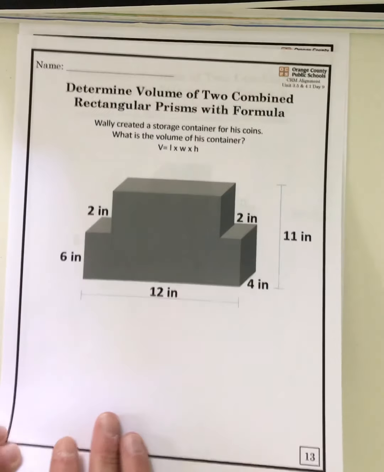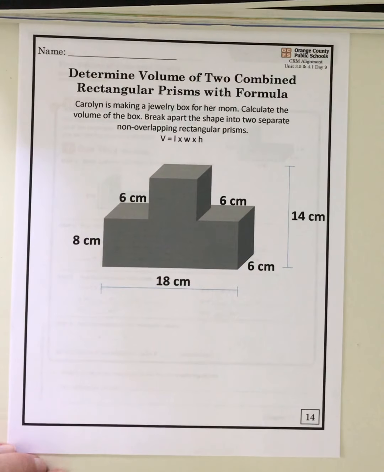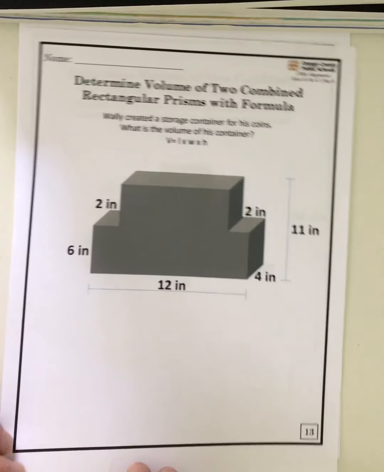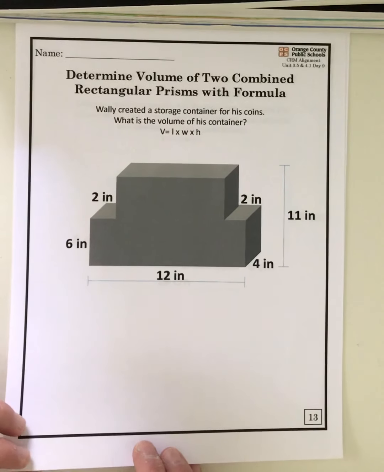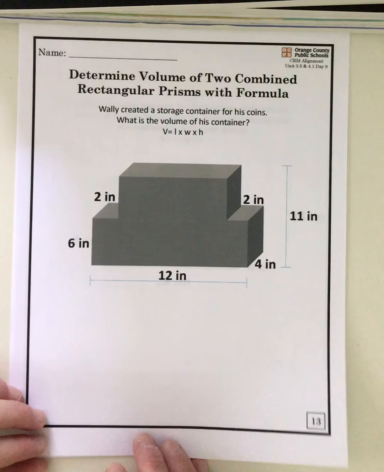So here are your 2 practice problems today. Remember, I am here to help you and assist you if you need any help. I'll leave you with this tidbit for now.